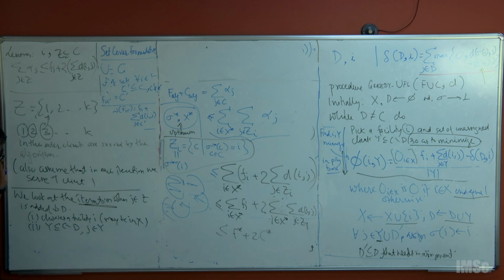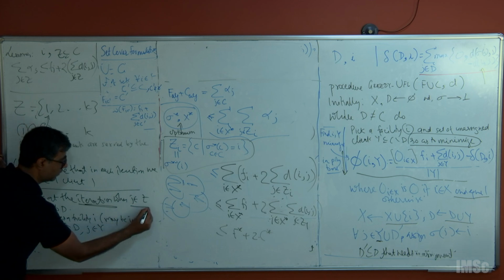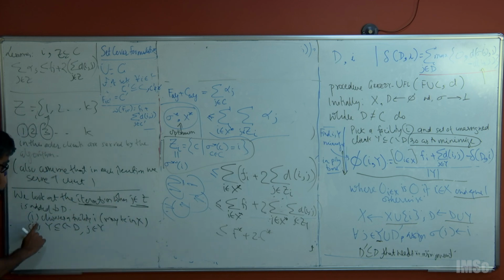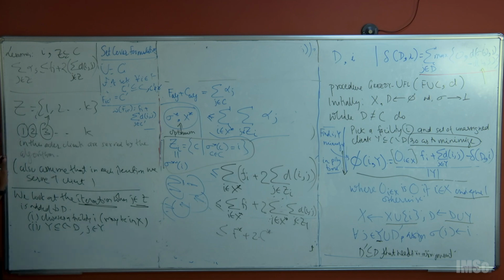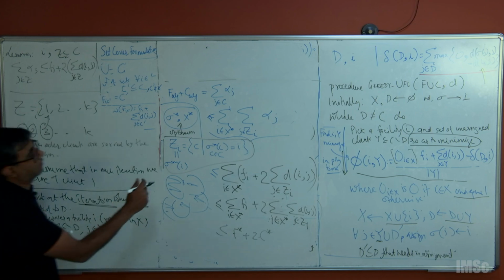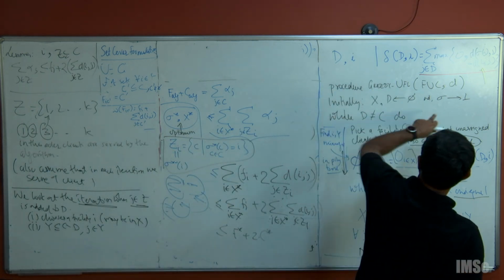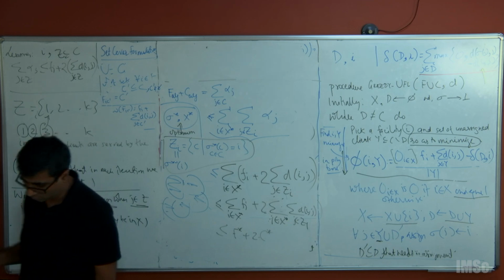So at that point it chooses a facility i and a subset that it plans to serve, and since it is serving j in this iteration, j must belong to that set. If the facility chosen doesn't belong to X, then it also adds the cost. I have not written anything about cost. And of course, at that point of time we have D, some sigma, before we add it.